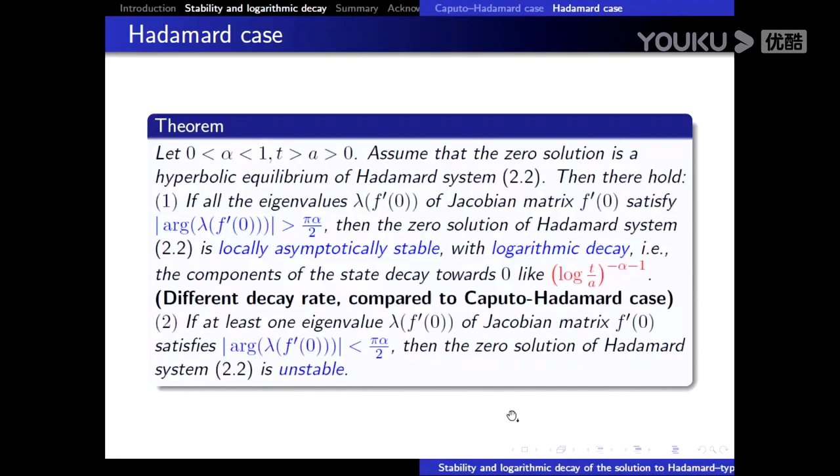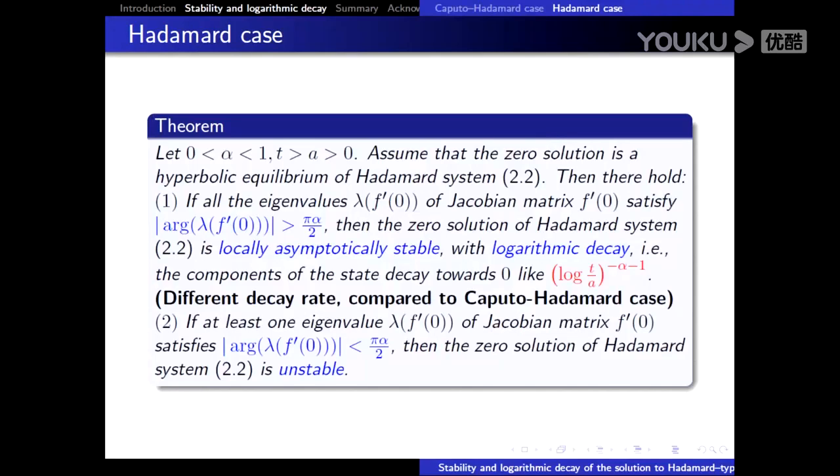Now we show the stability theorem for the Hadamard system 2.2. If all eigenvalues of the Jacobian matrix F'(0) satisfy this, or all arguments of all eigenvalues in absolute value are bigger than pi alpha over 2, then the zero solution of Hadamard system 2.2 is locally asymptotically stable with a logarithmic decay.